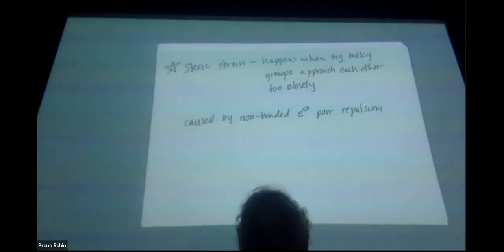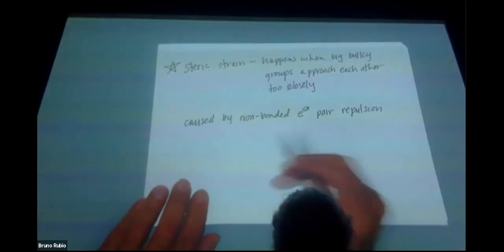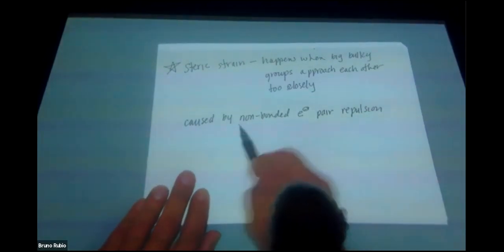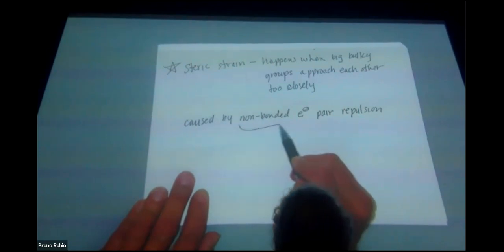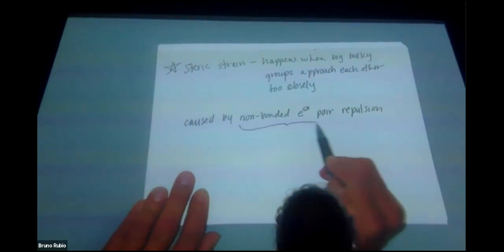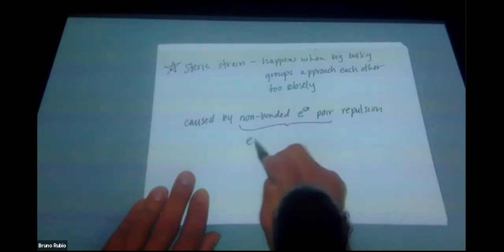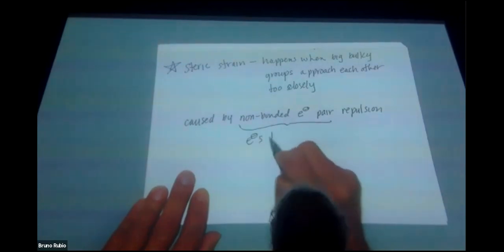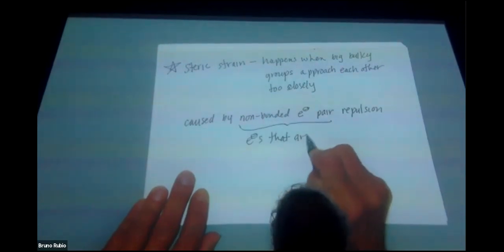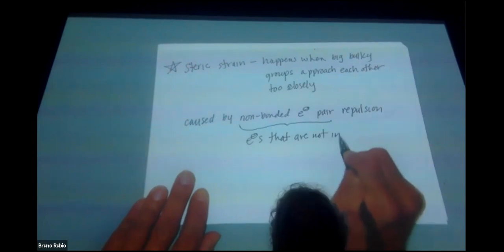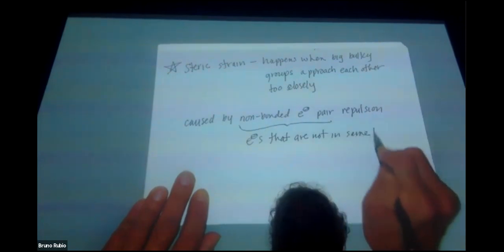And this is a very confusing name in my opinion, because non-bonded electron, well, that's something, but that's not what's happening here. What is meant by non-bonded electron pair, this means electrons that are not in the same bond.